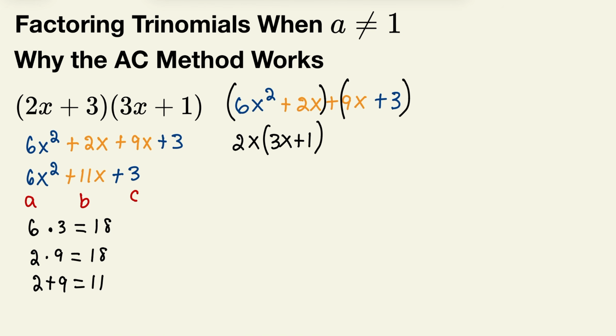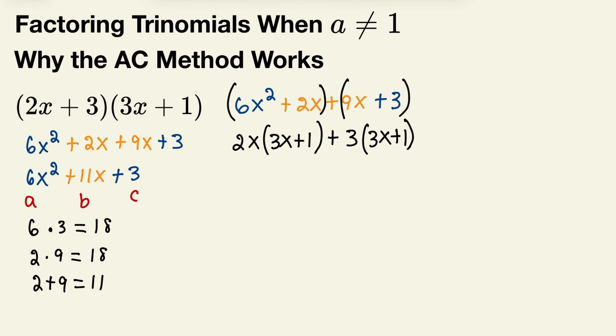All right, and so now for the next group, we can factor out a 3. All right, and so that is 3 times what equals 9x? Well, that is 3x. And 3 times what is 3? That is 1.